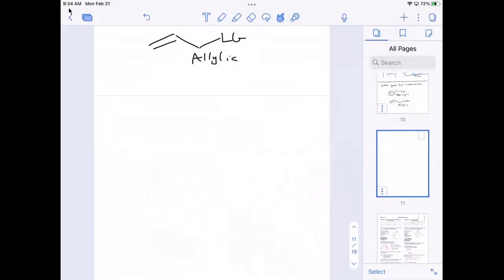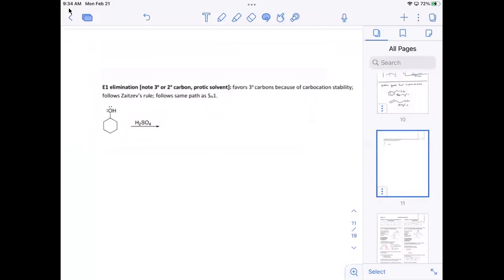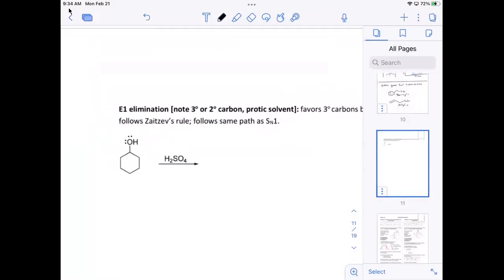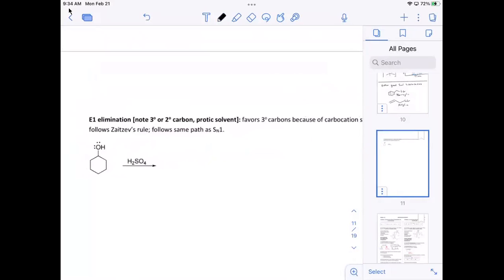One of the main differences you're going to notice with the E1 when you compare it to the E2 is that you don't need a base, right? The E1 follows the same path as the SN1: tertiary and secondary carbons, protic solvent. So that's a big difference between E1 and E2.